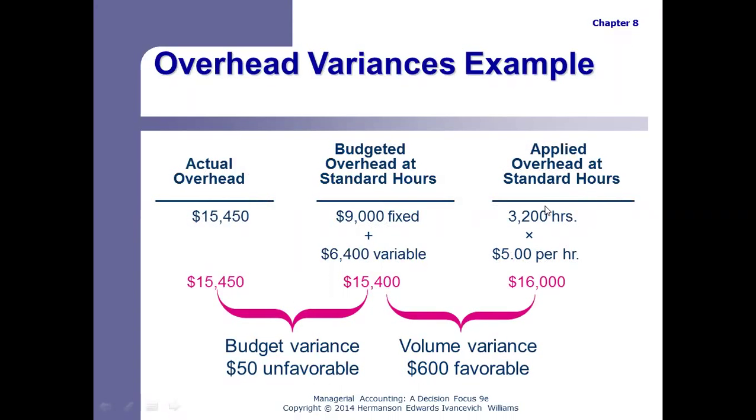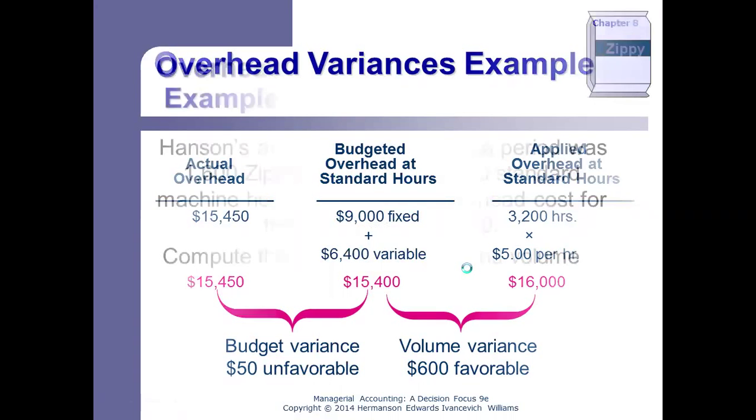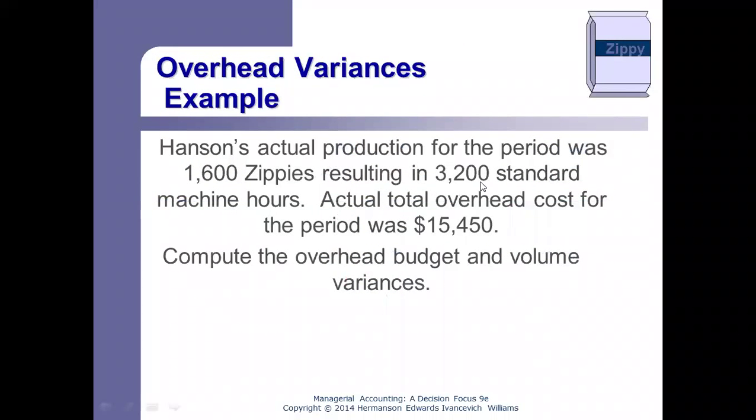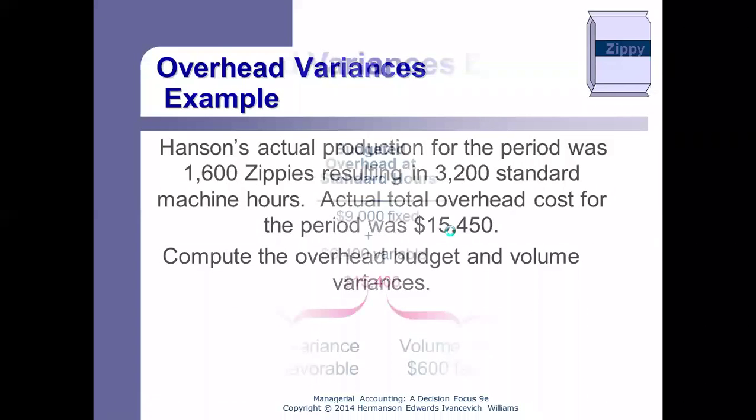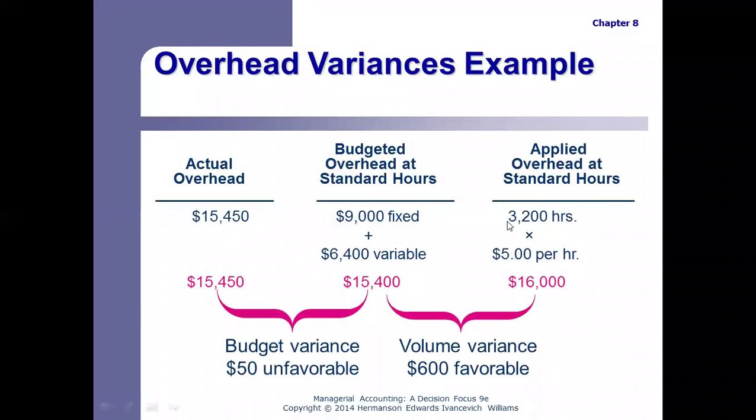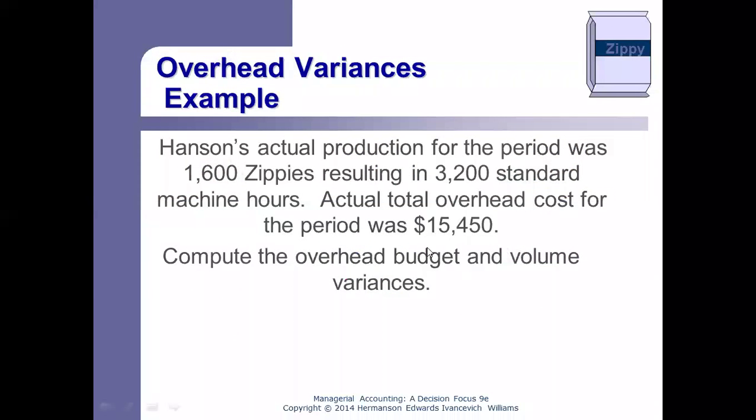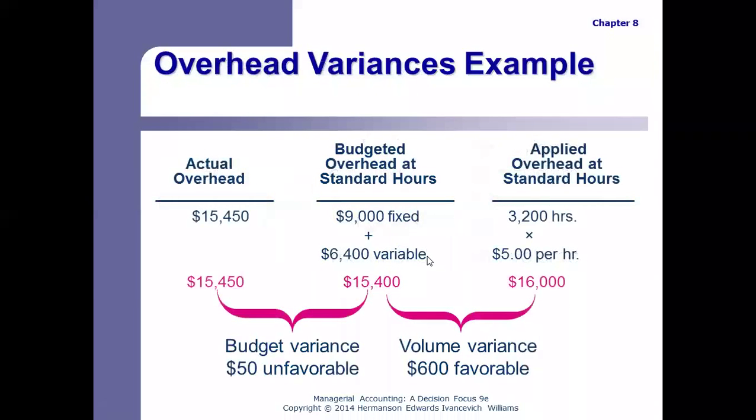Let's go to the right-hand side. The applied overhead at standard hours. The standard hours was supposed to be 3,200. That's how many hours it should have taken to make 1,600 zippies. So that's the hours times the $5 an hour.